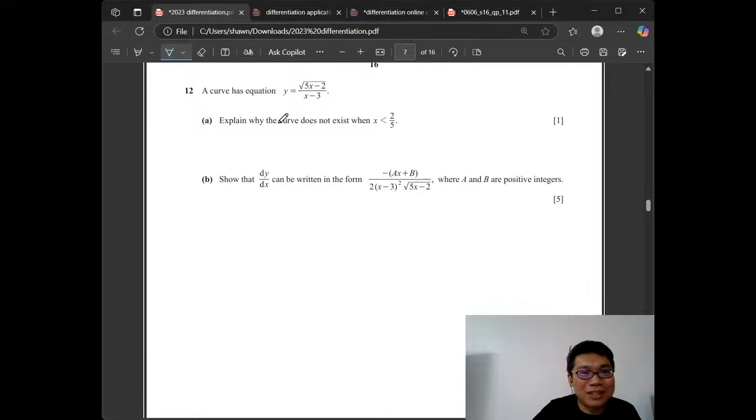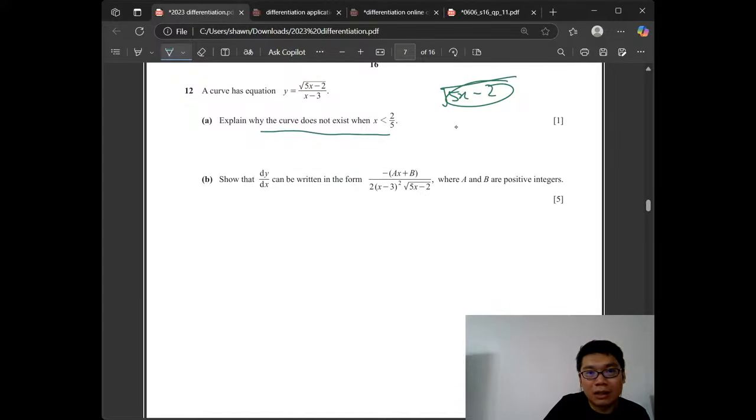And then the next question says, explain why the curve does not exist when x is less than 2 over 5. Okay, so this question is a bit involving the function chapter. So you need to base on here. From this info, we know that 5x minus 2 must be more than or equal to 0. So that's why x must be more than or equal to 2 over 5.